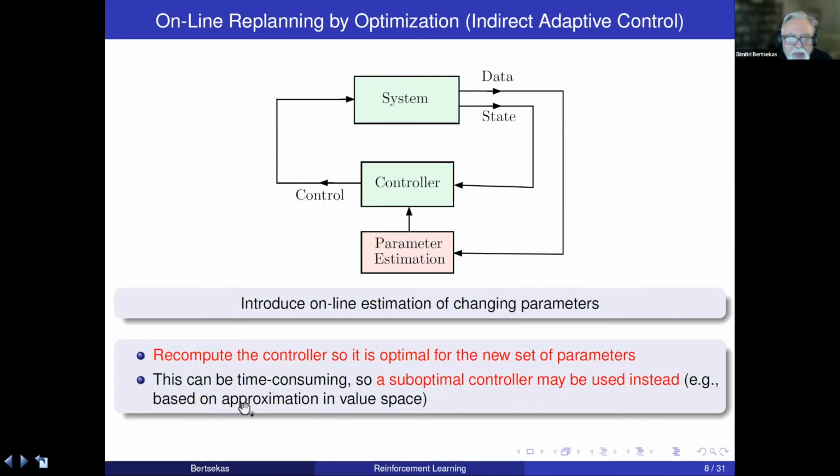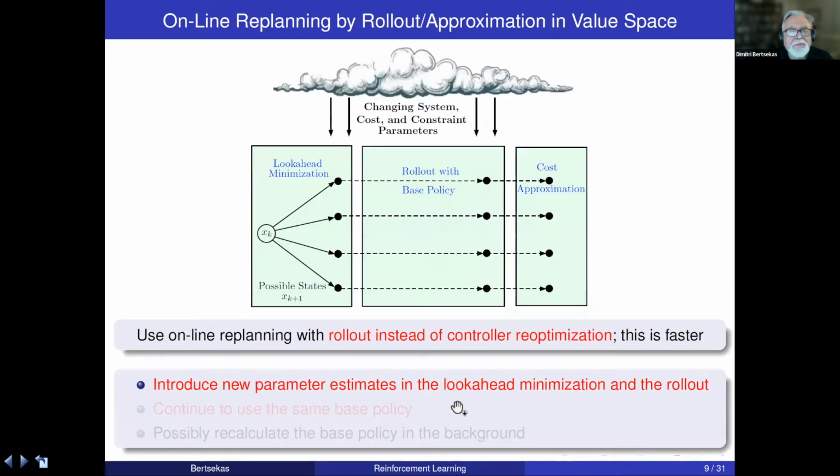For example, one that's based on approximation in value space. So here's the picture for that. Here we assume that there is an estimation cloud or system identification cloud that monitors the change in system and perhaps other things such as constraint parameters, probability distributions, and so on, and feeds these estimates into the control algorithm.